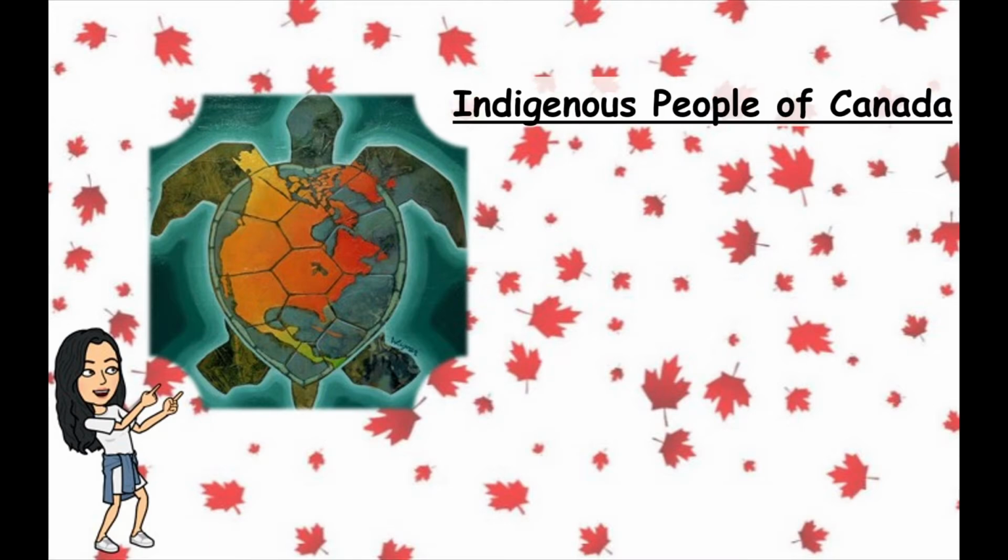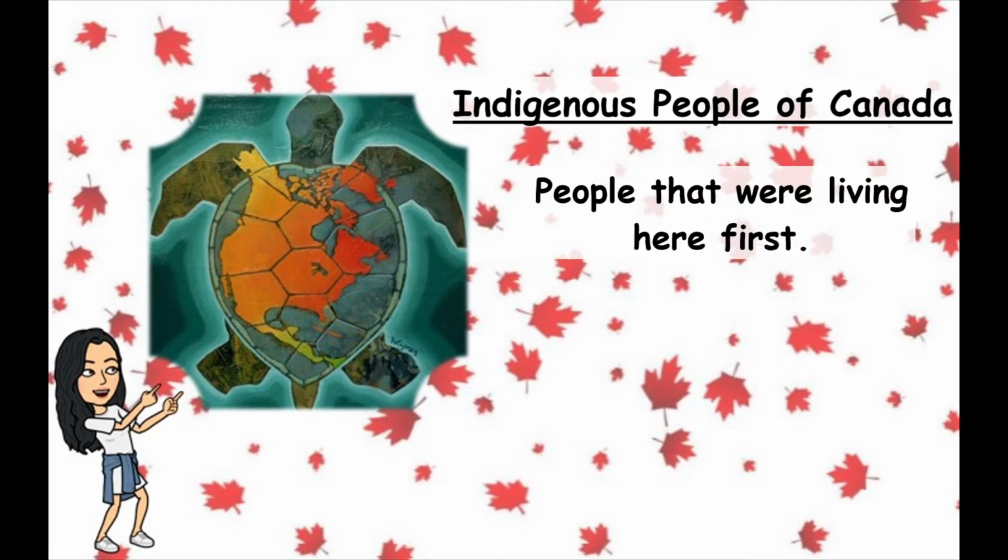Did you know that a long time ago, more than 100 years ago, this big place wasn't called Canada? It was a home of Indigenous people. Indigenous is a big word. Indigenous people means people that were living here first.